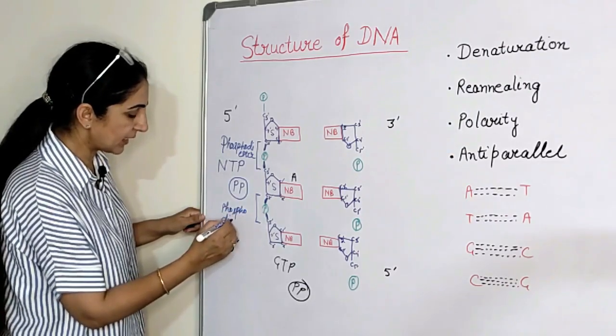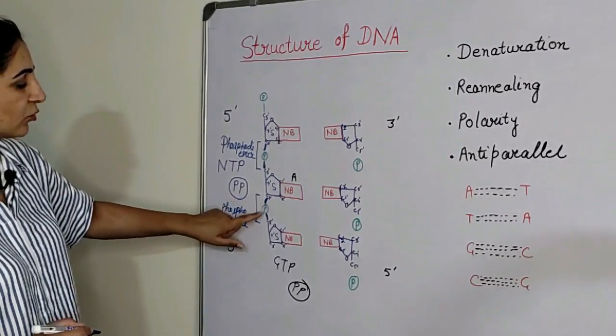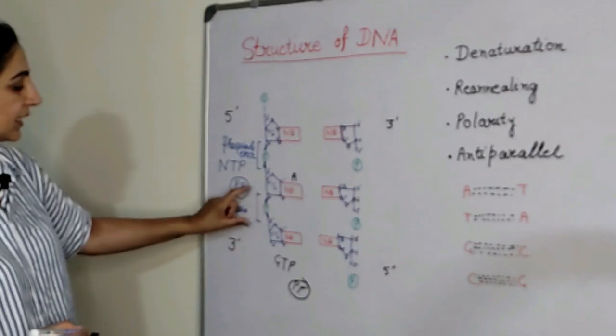Phosphodiester linkages here also. This is phosphorus, these are two ester linkages. So we get the formation of phosphodiester linkages.